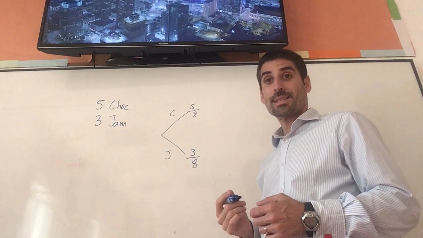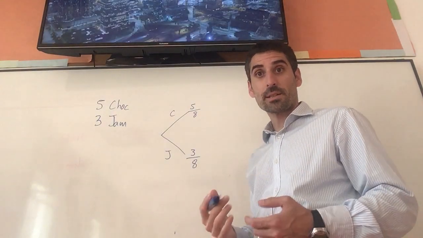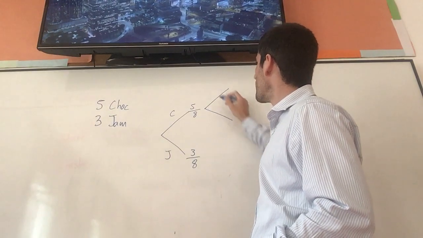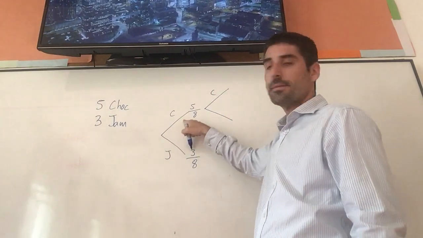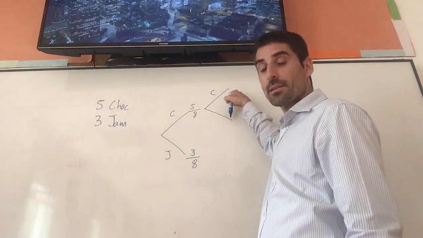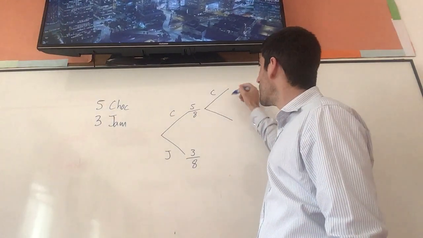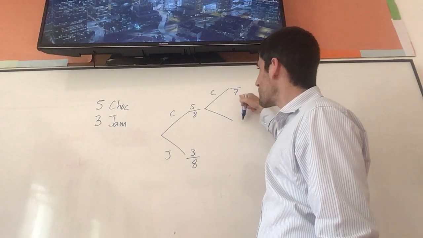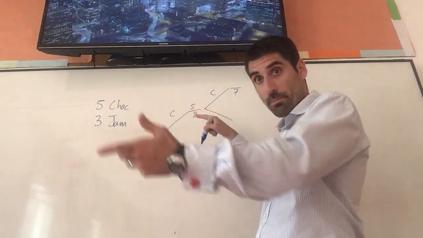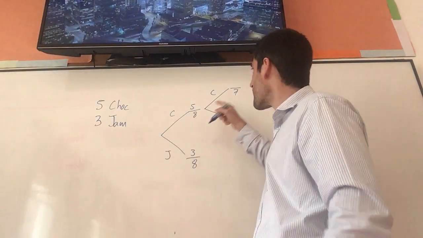Now we move on to the second event, which is the second donut that I am going to eat. If the first donut that I had was chocolate, what's the probability of the second donut being chocolate as well? Well, now it's only out of 7, because I ate one already. I didn't put it back. That would be weird and disgusting.